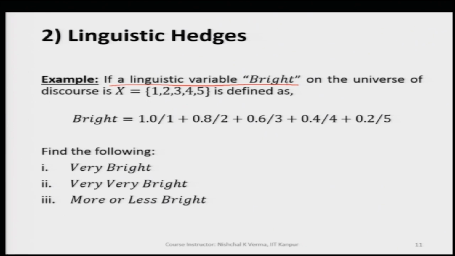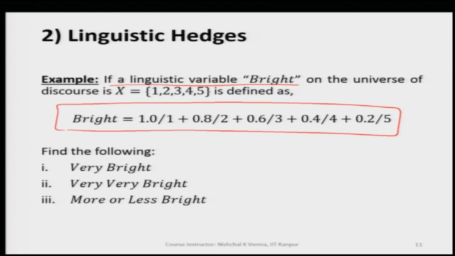Here, bright is a discrete fuzzy set. Just to make you understand, we have taken this example.